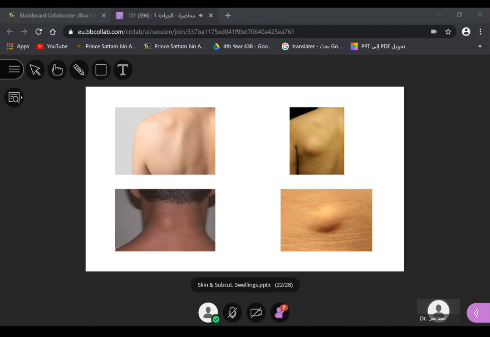These are photos of different patients who have got lipomas. As you can see here, where does the lipoma lie? Can you describe where it lies? In the shoulder, or in the scapular region, in the middle part of the scapular region. And here, where does it lie?